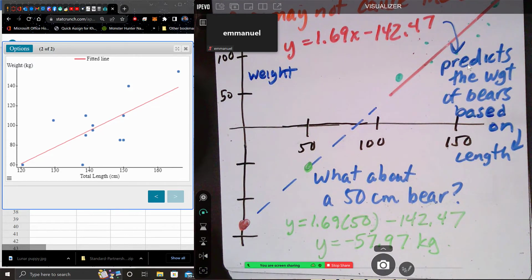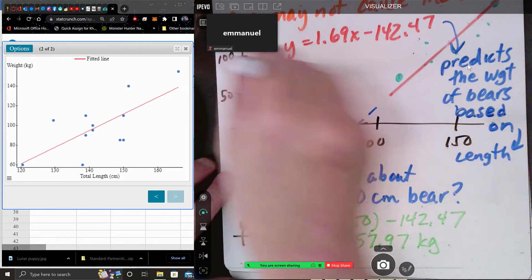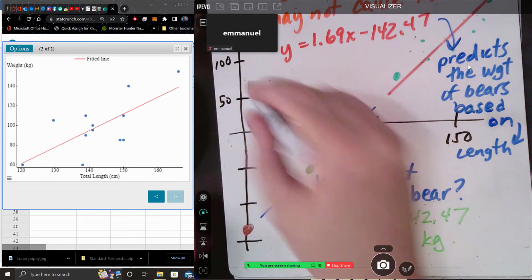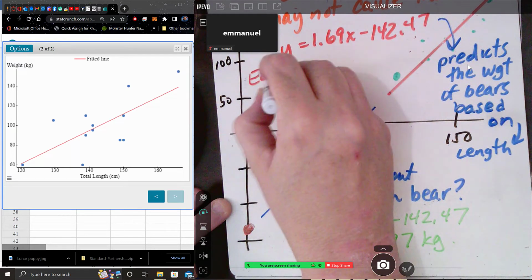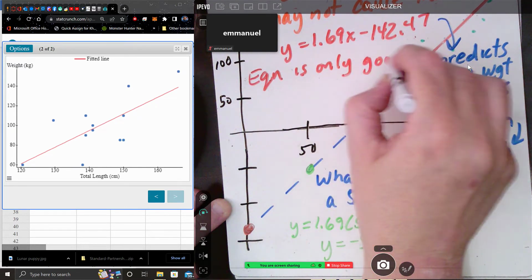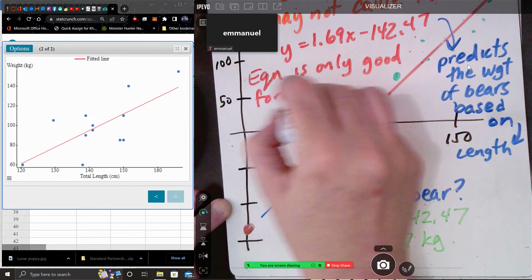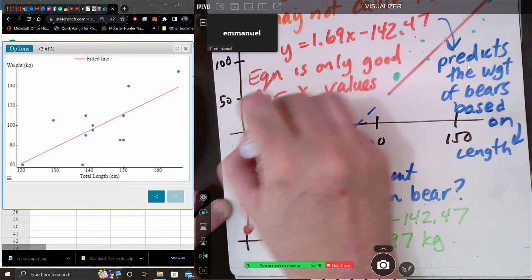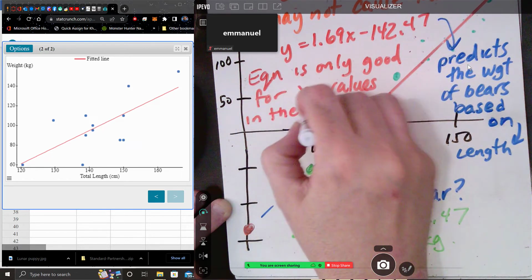These equations, let me see where I want to write this. The equation is only good for x values in the same range.